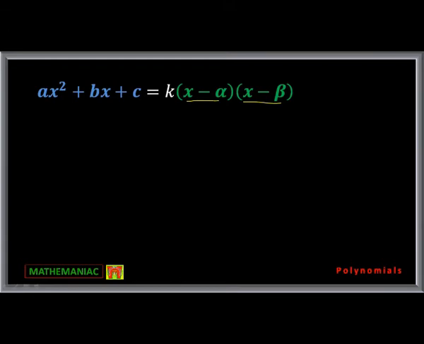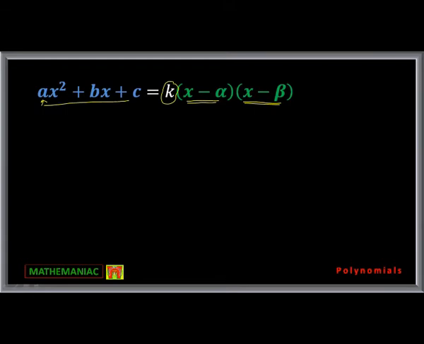But here, as there is a coefficient of x square, we have to balance it by putting a number. At the beginning we could write this as a, but it is not necessary at the beginning. So for some constant k, we can write that this polynomial will be equal to the product of these two factors with a suitable constant.